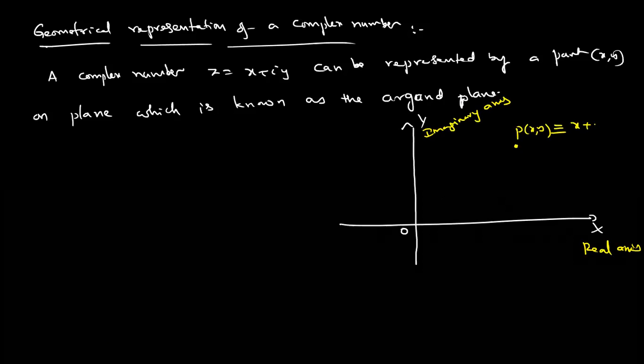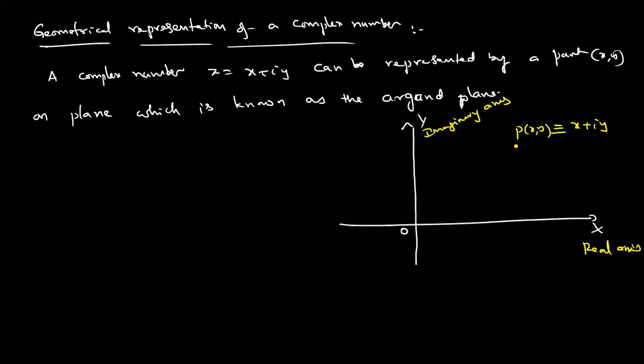That is x plus iy. So this is called the Argand plane. Cartesian plane is different. Cartesian plane means x, y; Argand plane means we are talking about the real axis and imaginary axis. Once again, I'm repeating: Cartesian plane means x axis, y axis. In this case, real axis, imaginary axis.